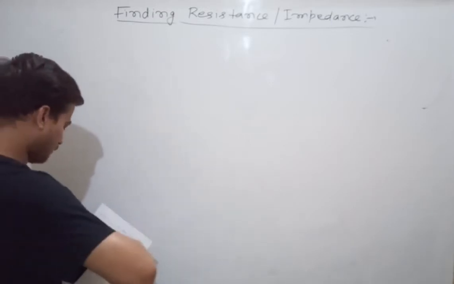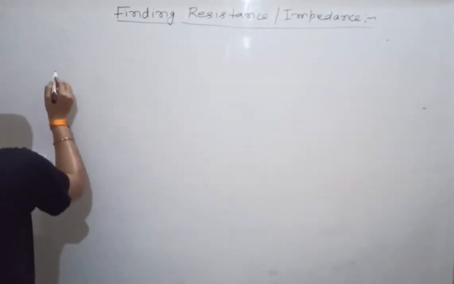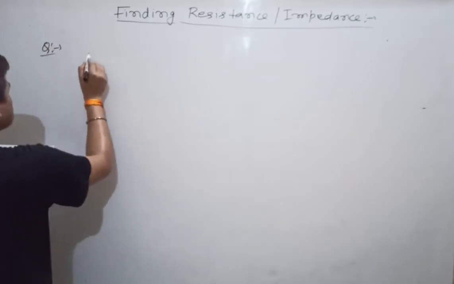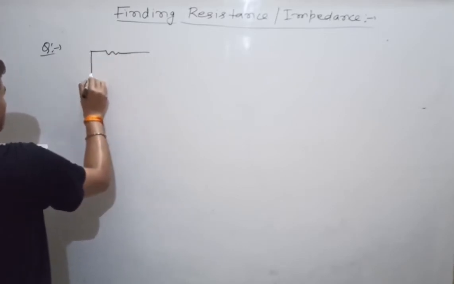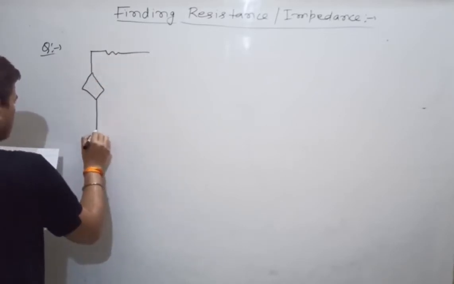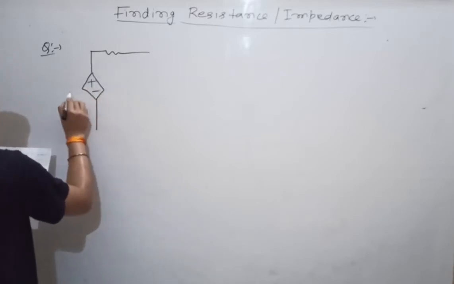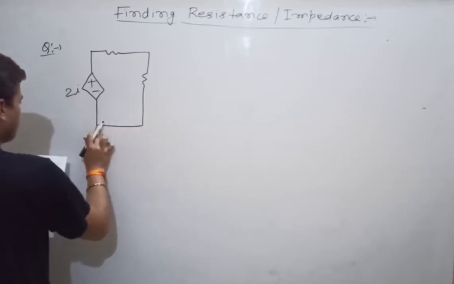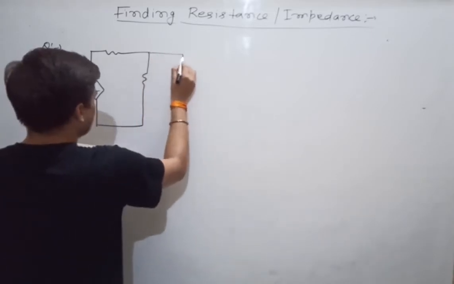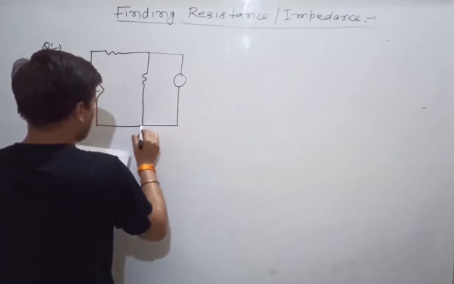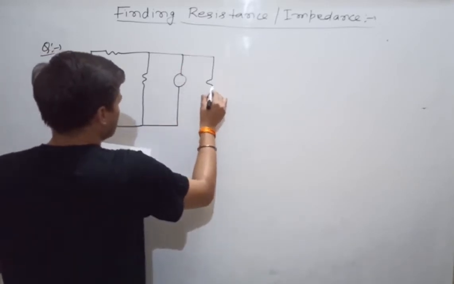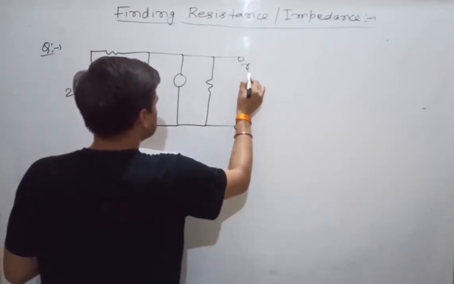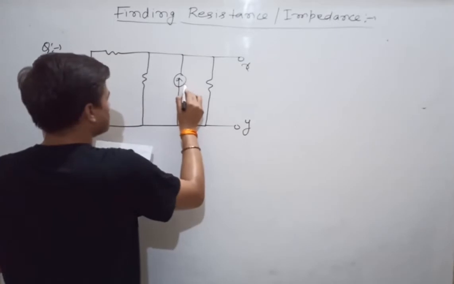See the first question. The terminals are X, Y. This is a 2 ampere current source.